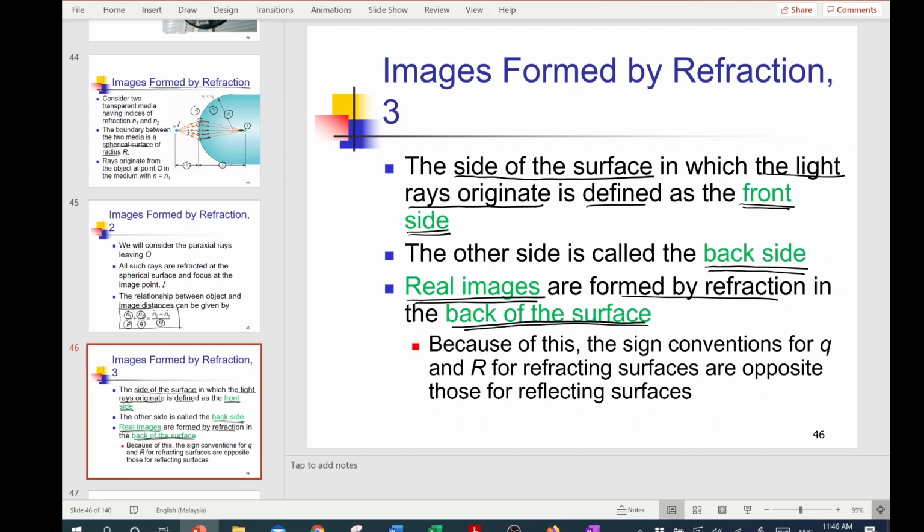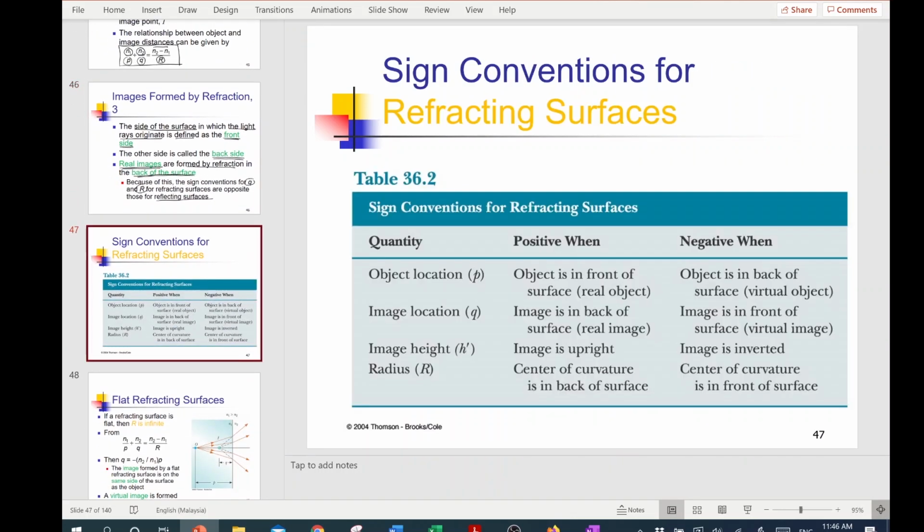Because of this convention, the sign convention now changes for q and r, and it will be the opposite of those for mirrors. So let's have a look at the sign convention for refracting surfaces. We have object location p.